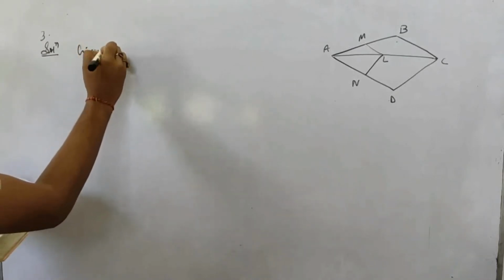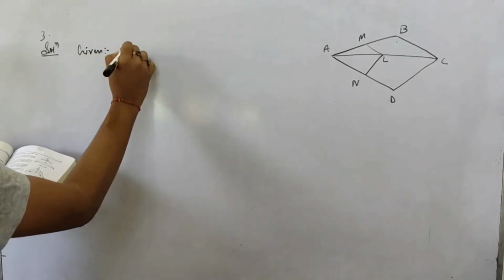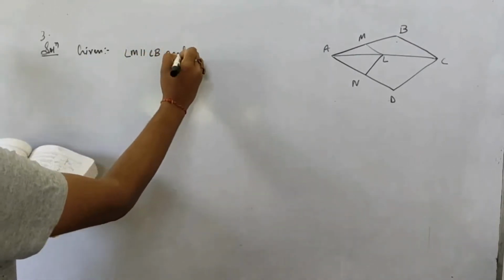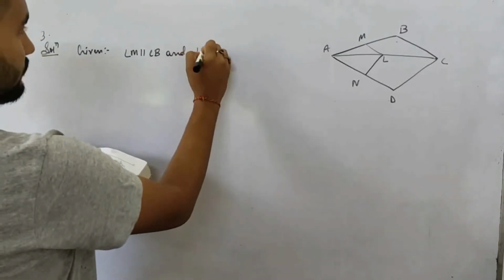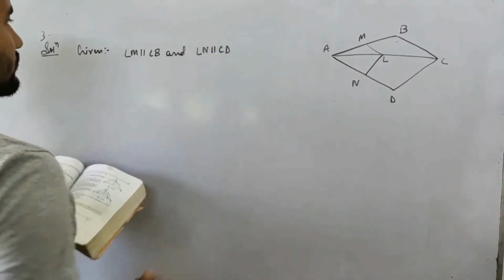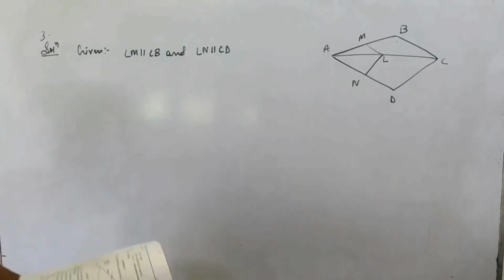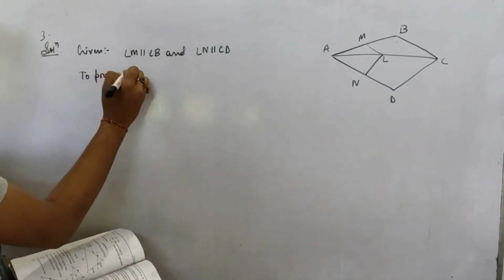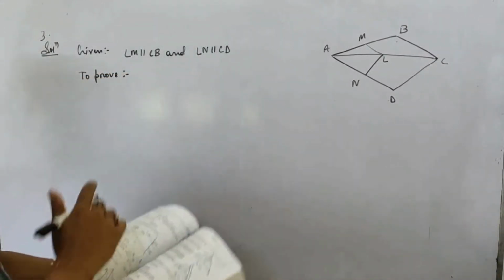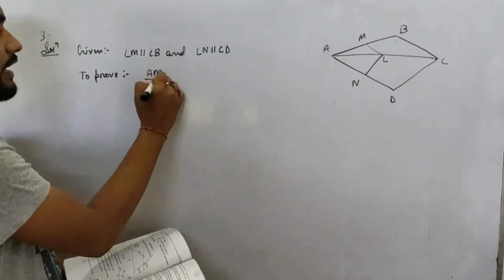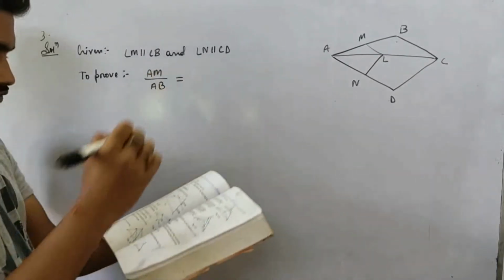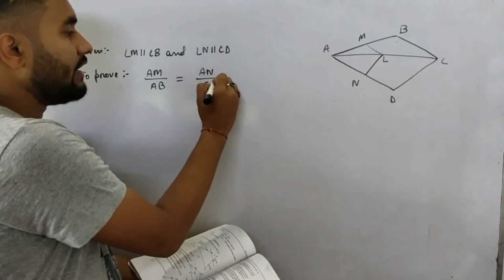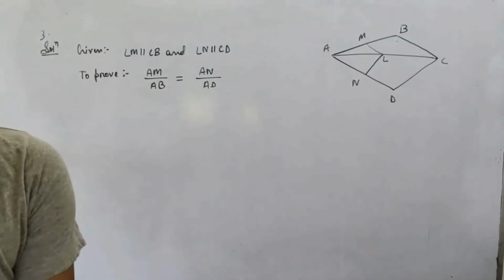Given: LM is parallel to CB and LN is parallel to CD. To prove: AM by AB is equal to AN by AD. So this is what we have to prove.